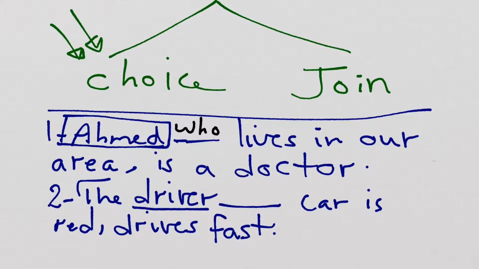But read it again. After the space, we have car, and car is a noun. So here we have to use whose. So notice the difference between these two sentences. After the space, in the first sentence, we have a verb, so we used who, and in the second sentence, we have a noun, so we used whose.